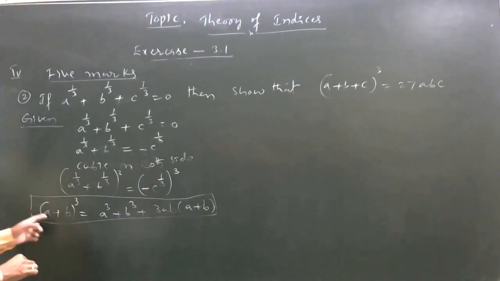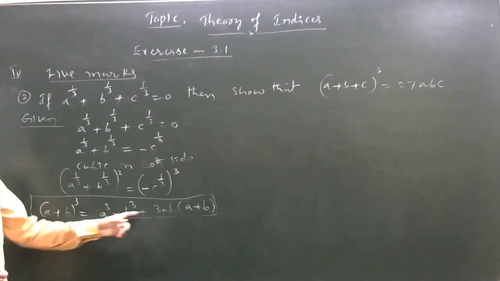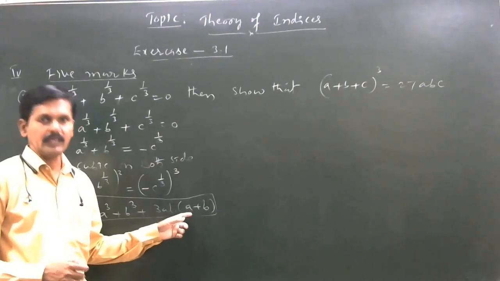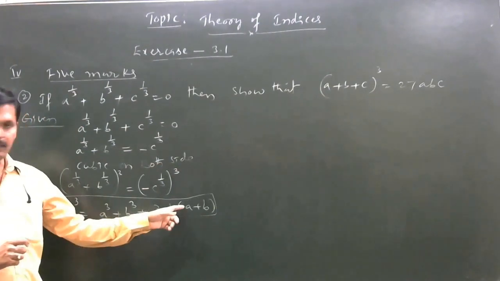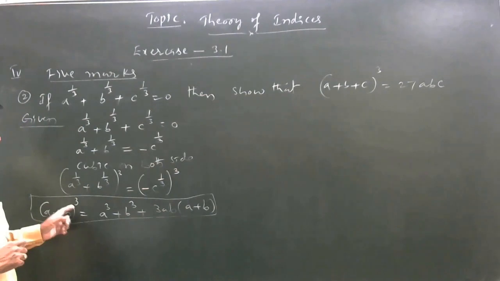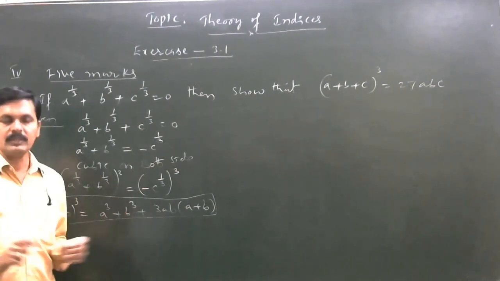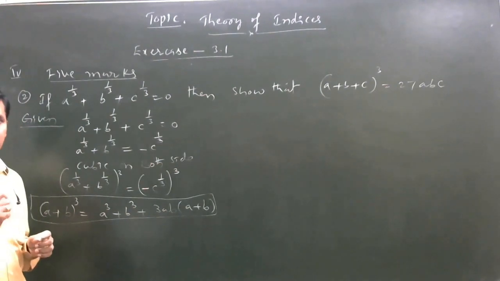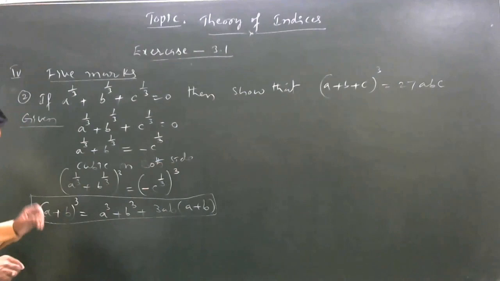The a plus b whole cube formula is a cube plus b cube plus 3ab into a plus b, or a cube plus b cube plus 3a square b plus 3ab square. Both are same.